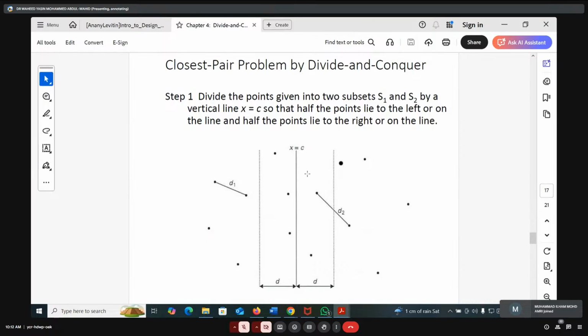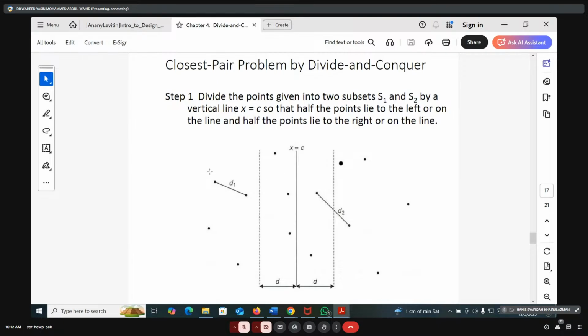So here we just make a median. Roughly we can say that half of the points will be on the right side of the median, and the other half in the middle and on the left side of the median. Then what we have to do? Here we find the closest pair.